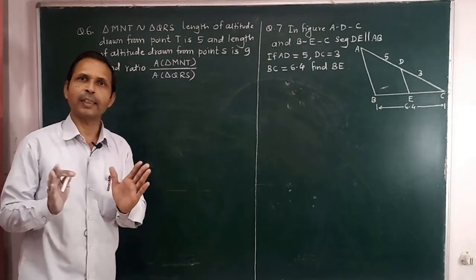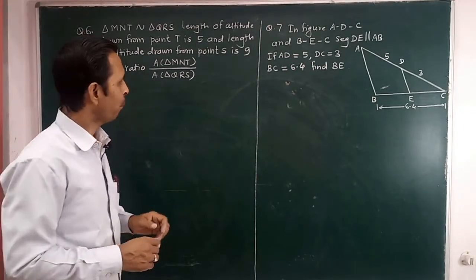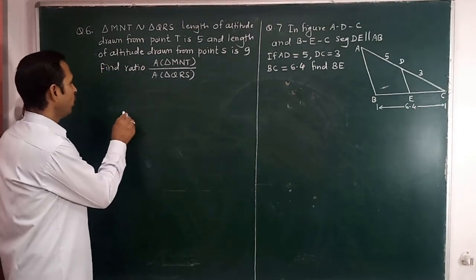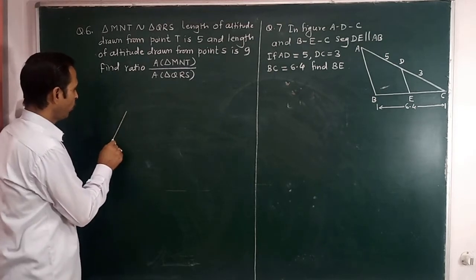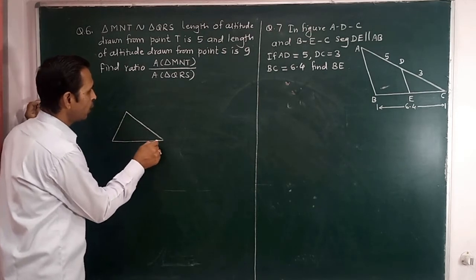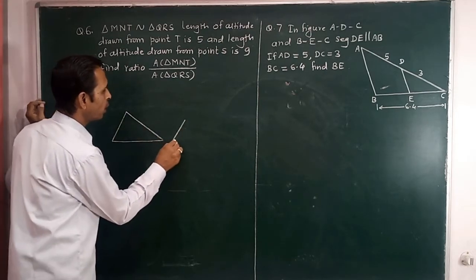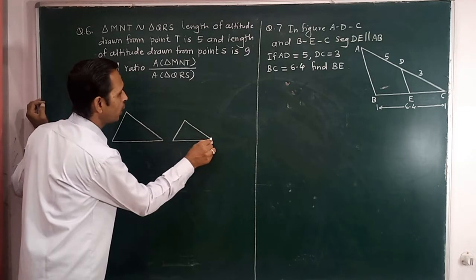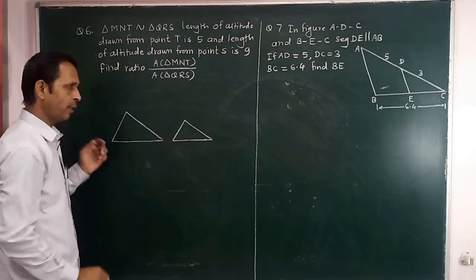Now we know that the triangles are similar, and for similar triangles we learned a theorem about the ratio of the areas of two similar triangles.